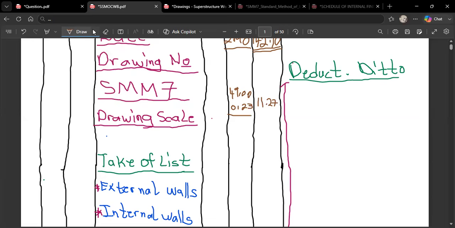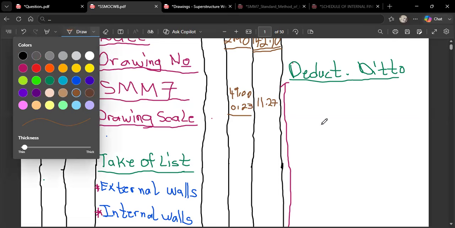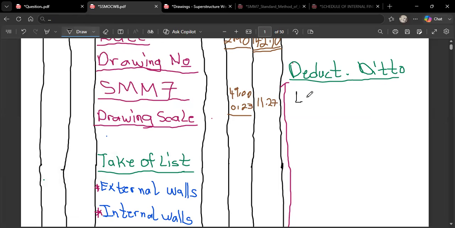This one I did over here is for the length of. We don't write it over here. This is for the length of.